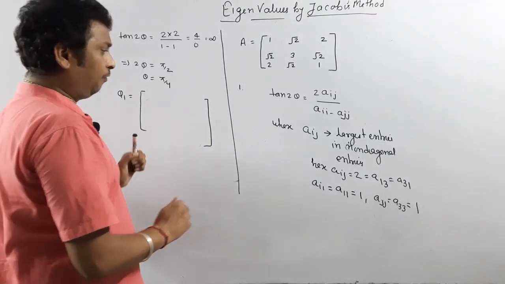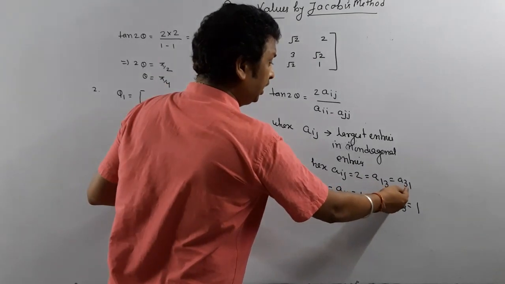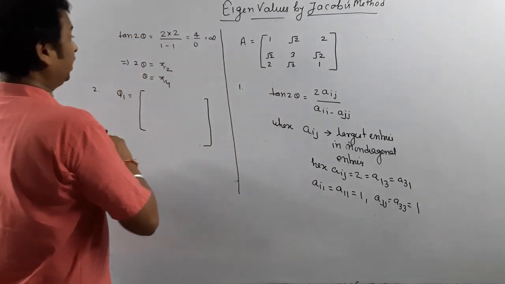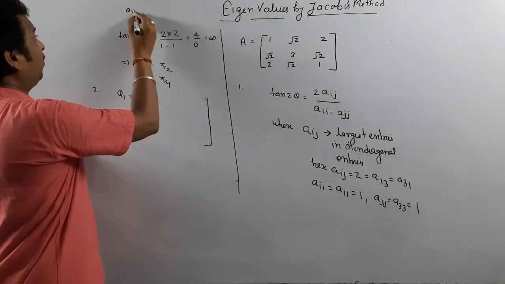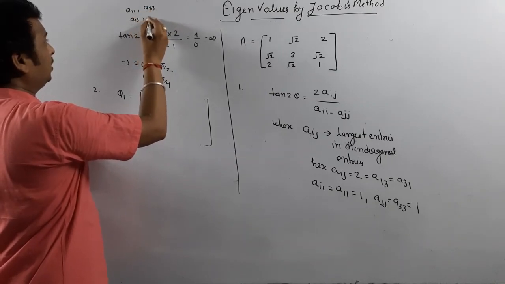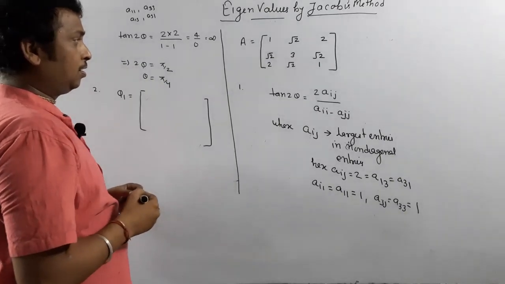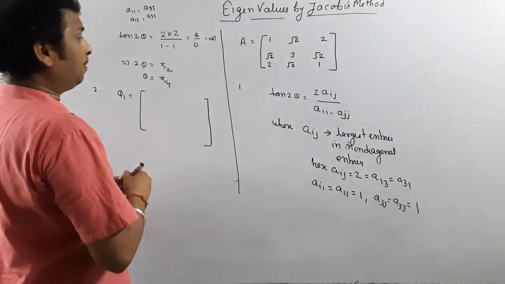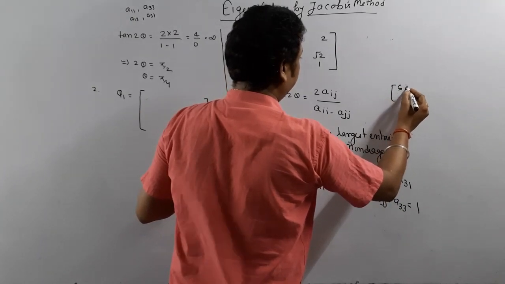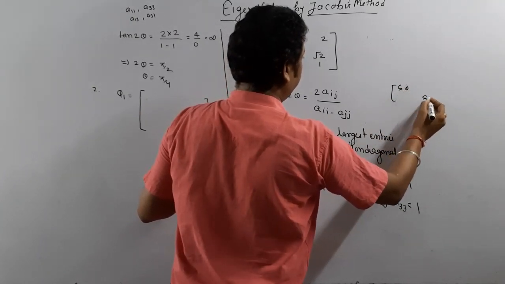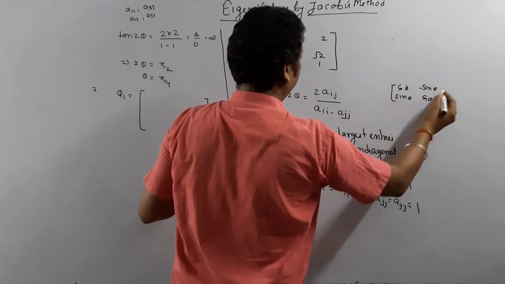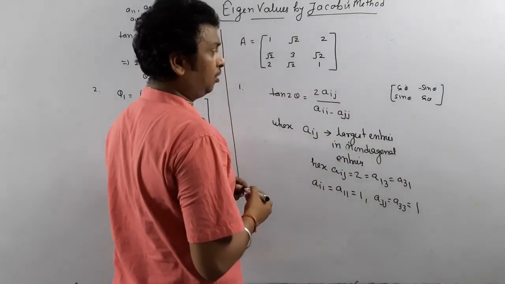Just see. We have chosen A13, A31, A11 and A33. In that place, the orthogonal matrix, I think you know, is basically cos theta, sin theta, minus sin theta, cos theta. This is a 2 cross 2 orthogonal matrix.